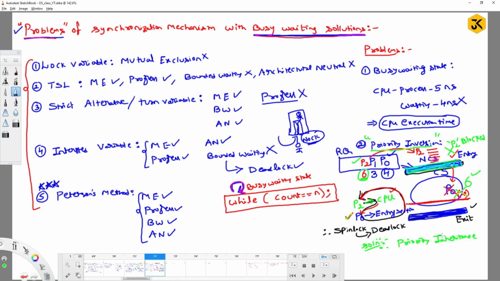Priority inheritance means the priority of the waiting process is allocated to the process which is in the critical section. That's where this deadlock problem is eradicated, because if both have the same priority 6, you consider arrival times, and the arrival time of P0 is earlier than P2, so P0 is executed first, then P2. This is where our problem is solved.